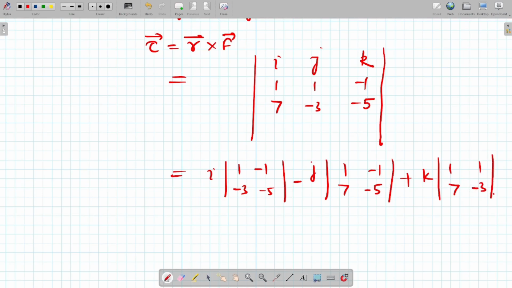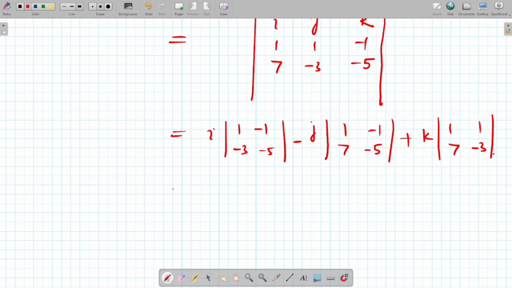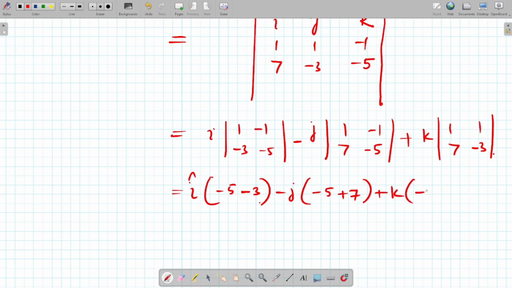Okay. So your answer would be i cap times negative 5 minus negative 3, then minus j times negative 5 minus 7, and then plus k times negative 3 minus 7.